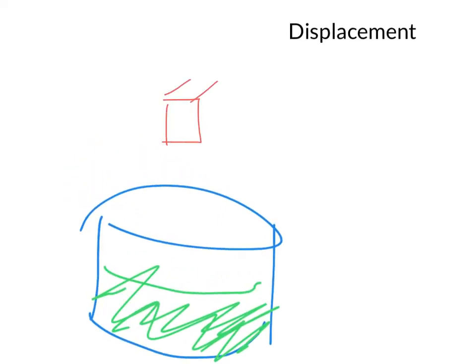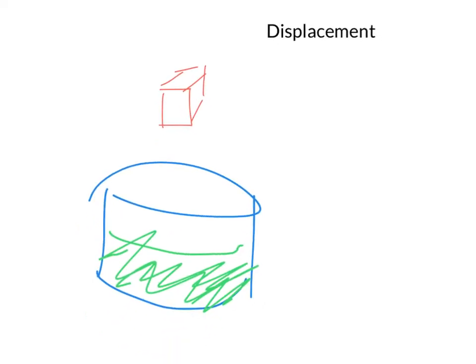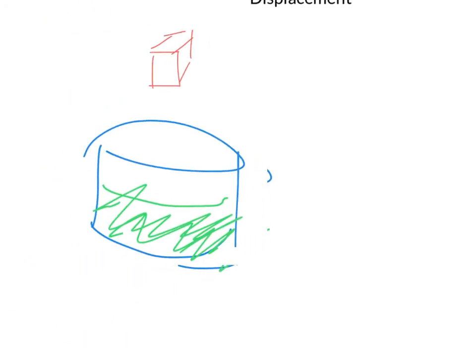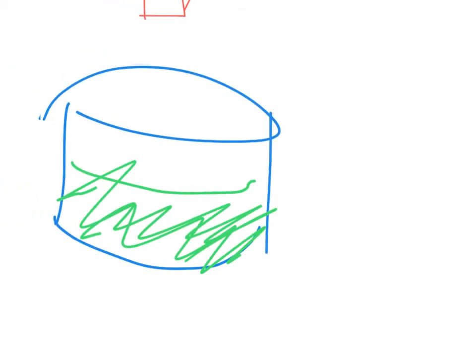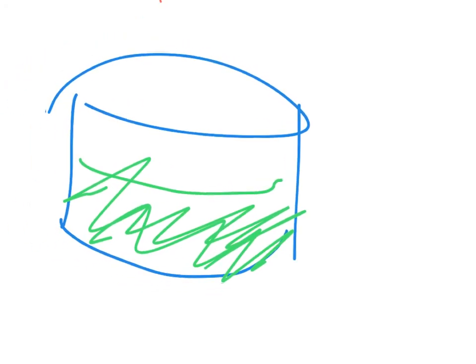To keep it simple, I'm just going to say that block is a cube again, because it'll keep this video a bit shorter. So the idea here is that when the block is submerged, the water is going to travel upwards because it's being pushed out of the way. In a similar way that when you get into the bath, the water rises.